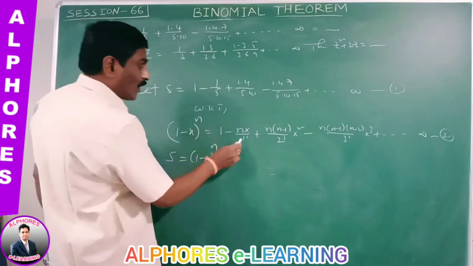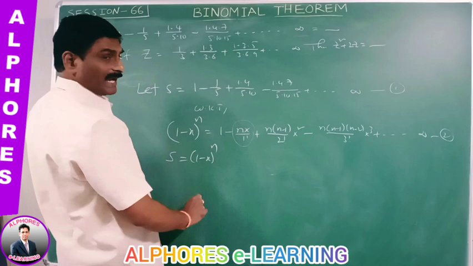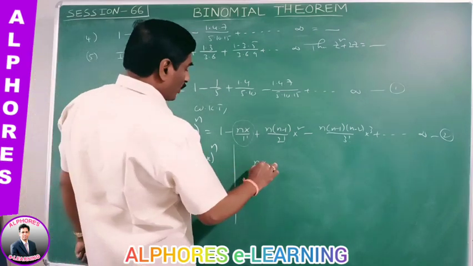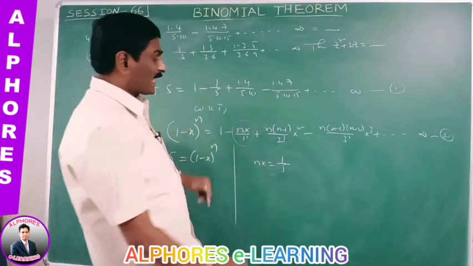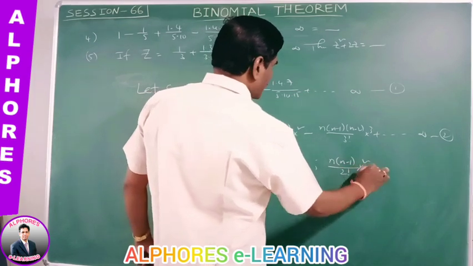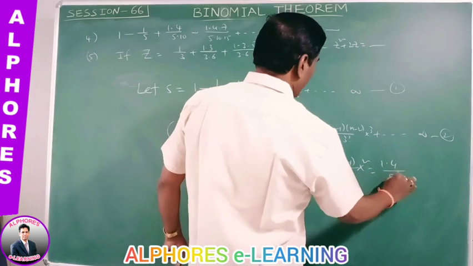Next, what is the next term? nx by 1 factorial is equal to 1 by 5. So s is equal to (1 minus x) whole power n and nx is equal to 1 by 5. Next, what is the next term? n into (n minus 1) by 2 factorial into x square is equal to the third term, 1 into 4 by 5 into 10.